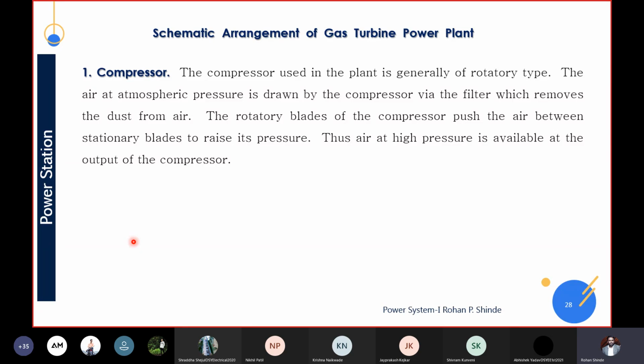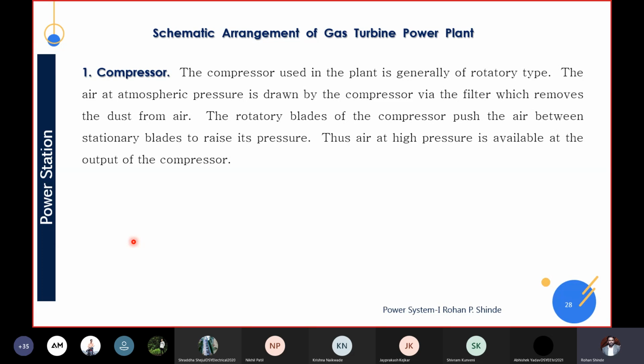The rotatory blades of the compressor push the air between the stationary blades and raise its temperature. I have told you that rotatory parts are there, so the rotatory blades push the air between the stationary blades. Normally the air is at low pressure, but due to the pushing mechanism of the rotatory blades, the air attains higher pressure.